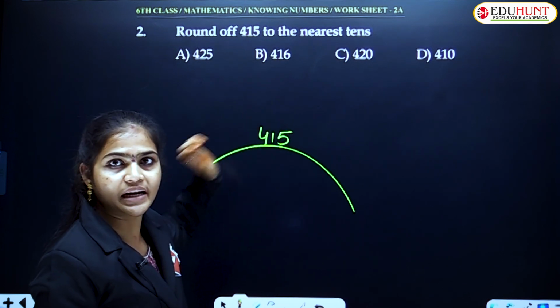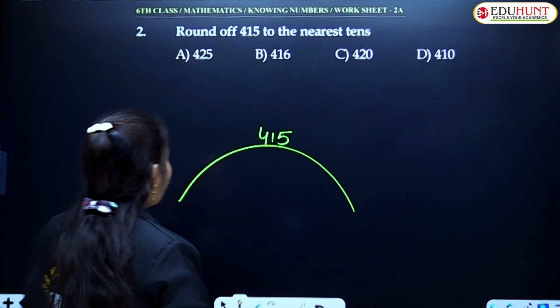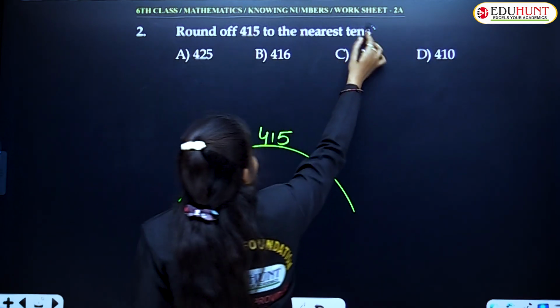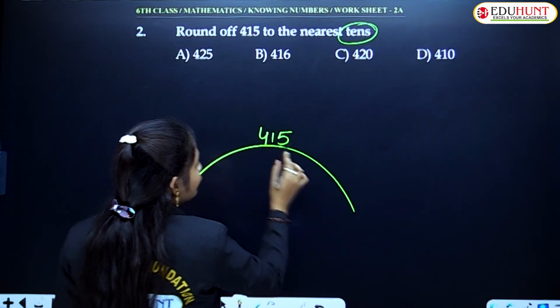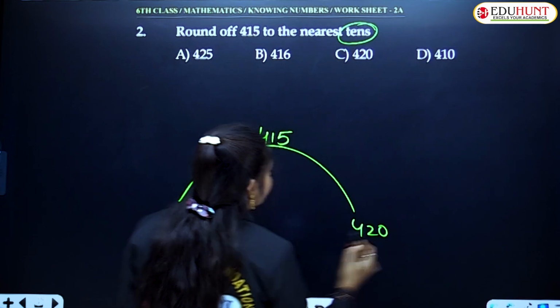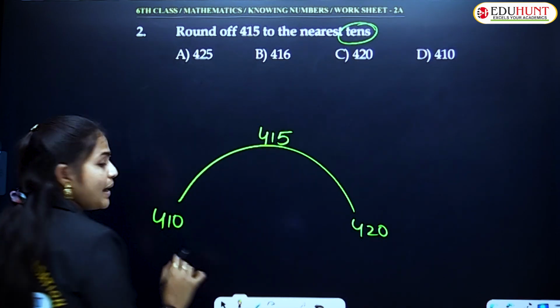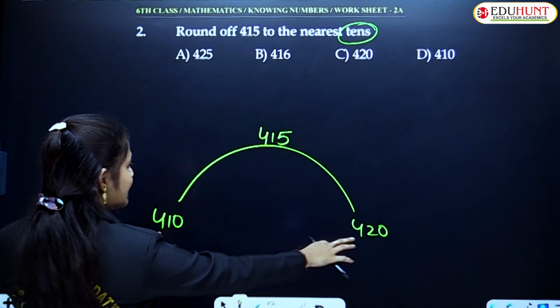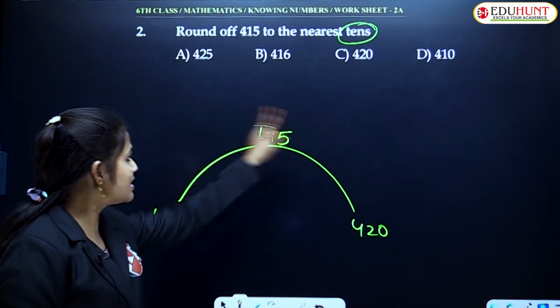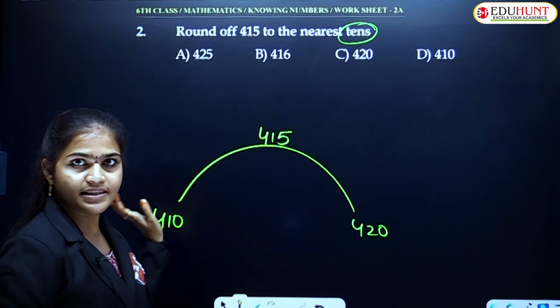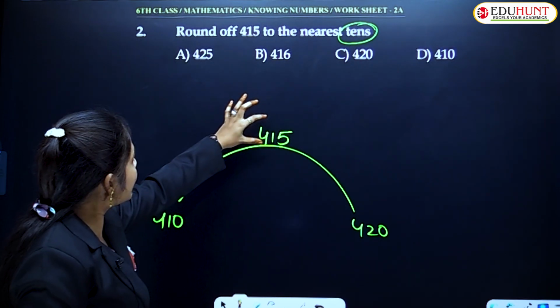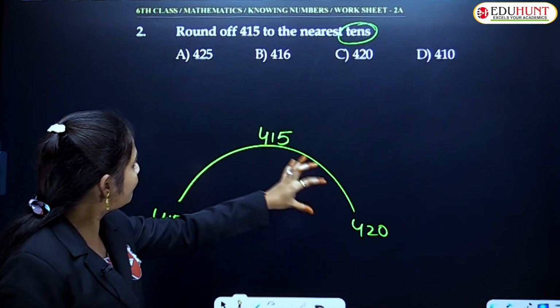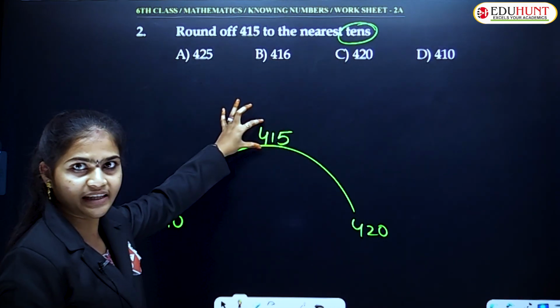Since they are asking for tens, here it is 420 and here 410. The difference should be 10 only. The number that lies in between 410 and 420 is 415.